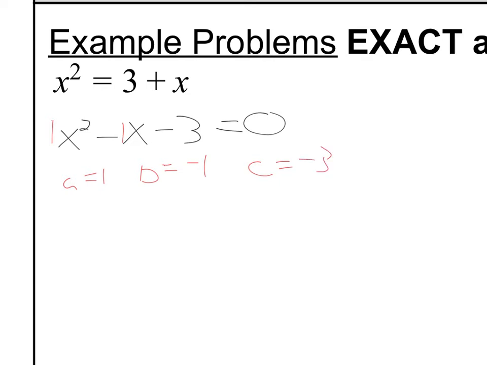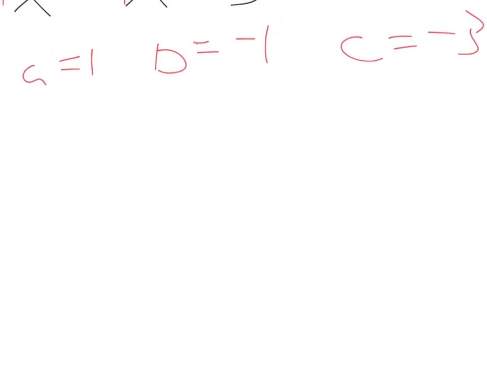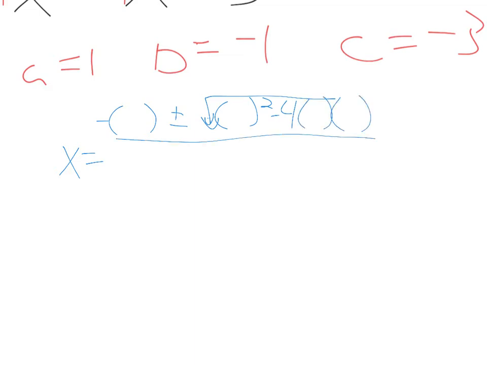So let's go through and solve. To solve for x, it's going to be x equals the opposite of b plus or minus the square root, that's supposed to be a radical, not an arrow, of b squared minus 4ac, all over 2a.